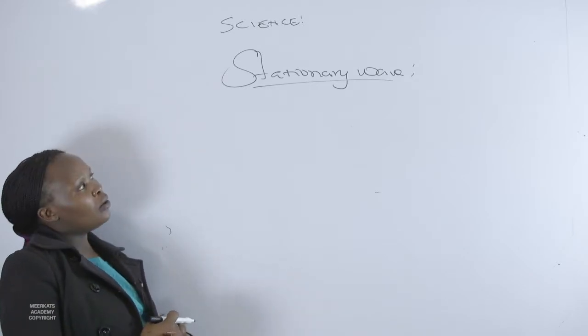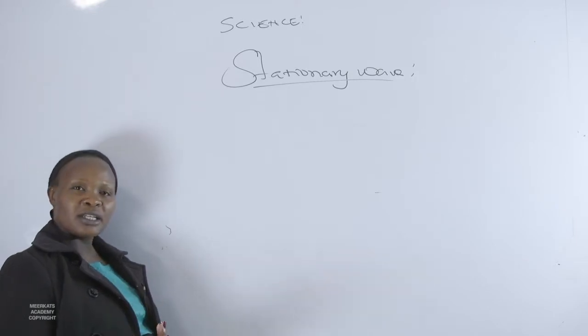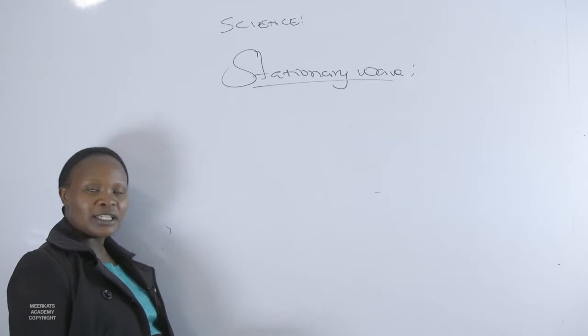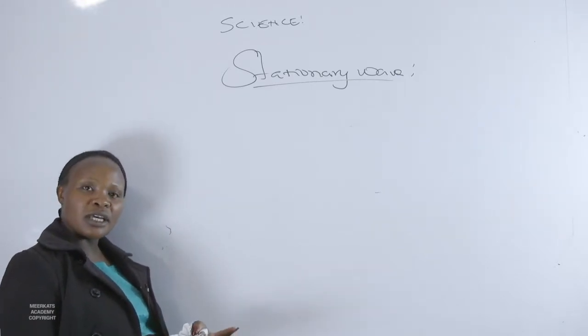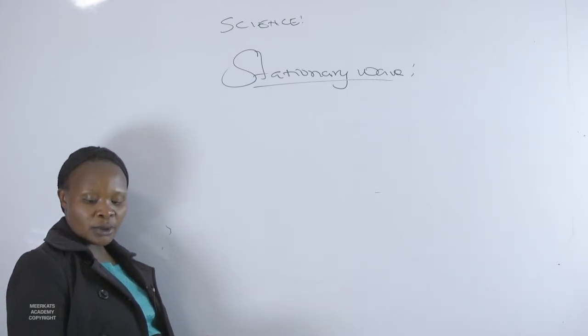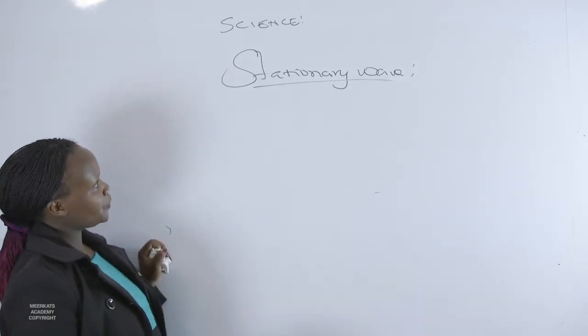Now, what is a stationary wave? We agreed that a wave is transfer of energy in the form of disturbance. Then why should we say that a wave should be stationary? Or rather, when can we say we've formed a stationary wave?